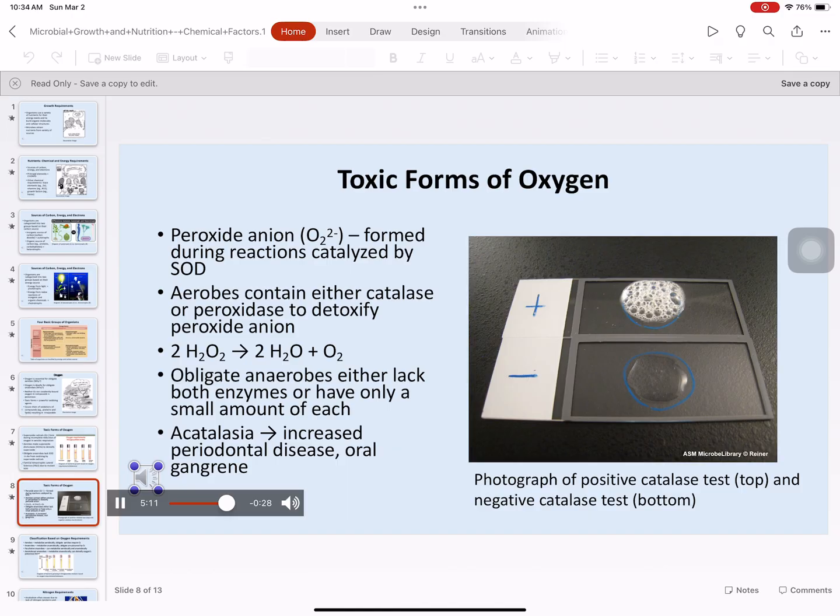And so the catalase is faulty or not made at all, and people who have this have increased periodontal disease, that is, gum disease, and they are also prone to oral gangrene. The causative agent for gangrene is another one of the Clostridium species, Clostridium perfringens.